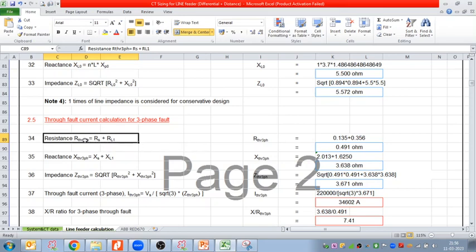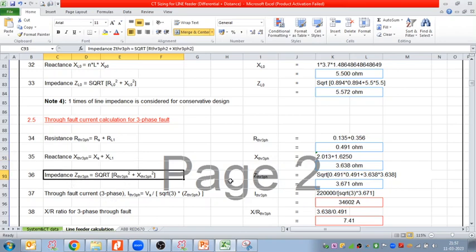We add both resistances to get the final resistance, and then we calculate the final reactance also till your transmission line last point. If the fault is happening there, that fault we are calculating now. Then we calculate the impedance at the fault point Z, this much, and with the help of Z we calculate the fault current.